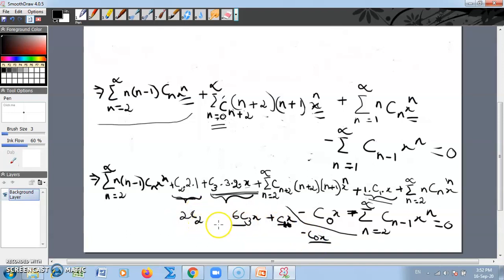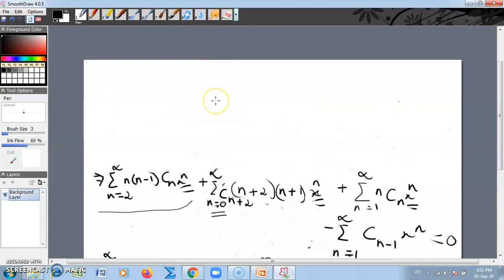So in the next step, we can write this as, let us write at the top. That implies twice c2. Please compare with your copy, because I can't at the same time show you the bottom of the board and the top also.